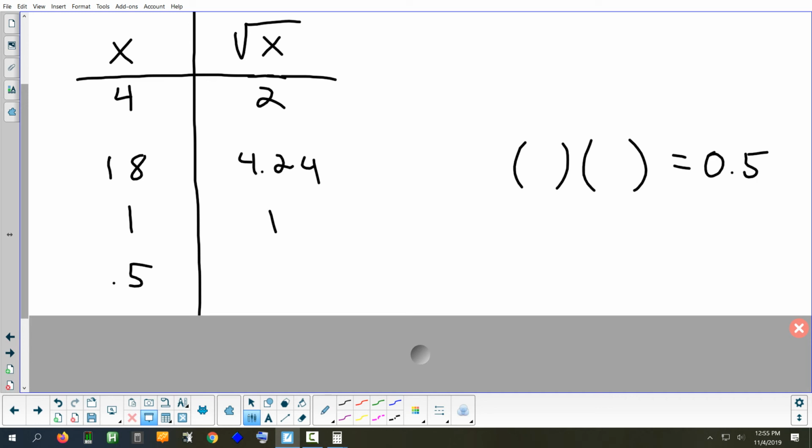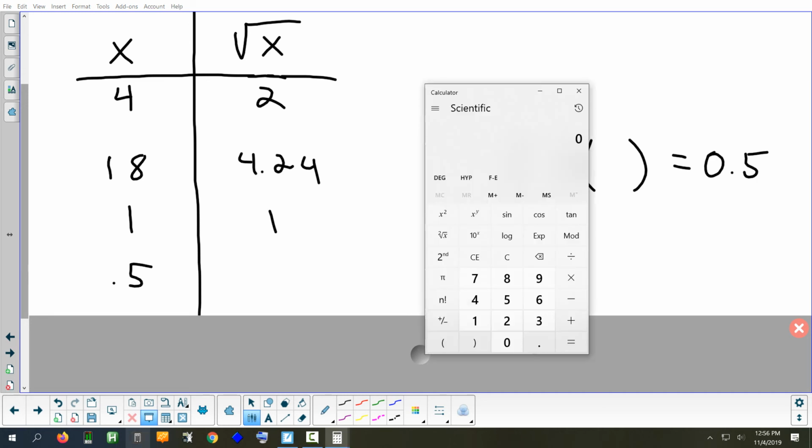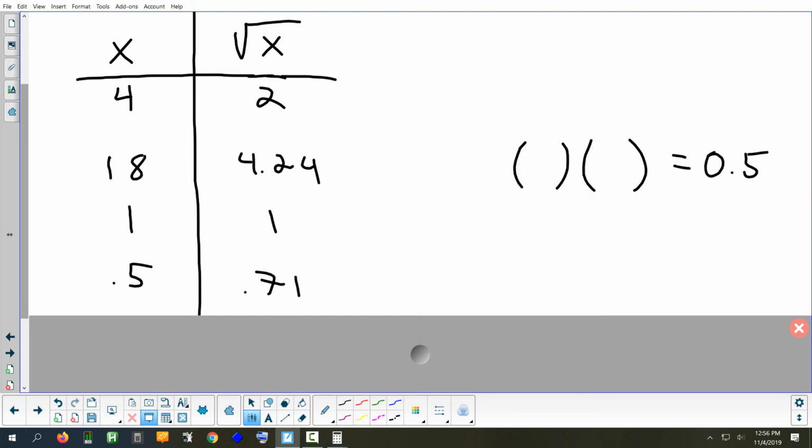Yeah, it's got to be bigger than 0.5, because 0.5 times 0.5 is a quarter. That's too small. So it can't be smaller than 0.5; it actually has to be bigger. If we take the square root of 0.5, I think we get about 0.7. Yeah, 0.71.